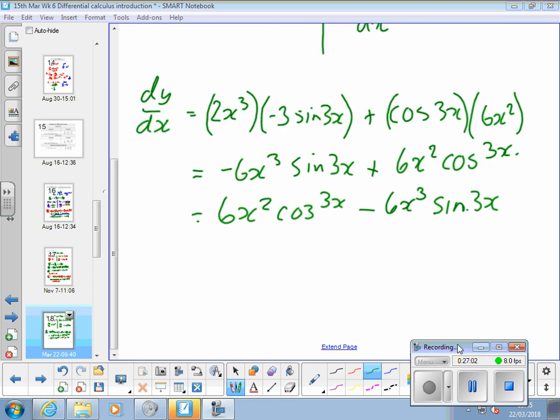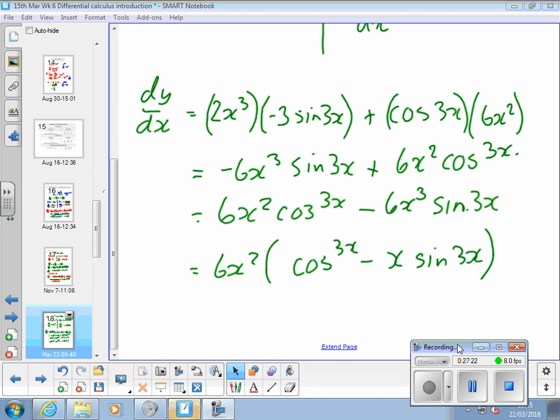So then we can go 6x squared, brackets, cos 3x minus x sine 3x. There's a problem with Mr. Bird's answers sometimes because he simplifies to what he thinks is the simplest form, and you can't always see. That would be fine. That's a correct answer.